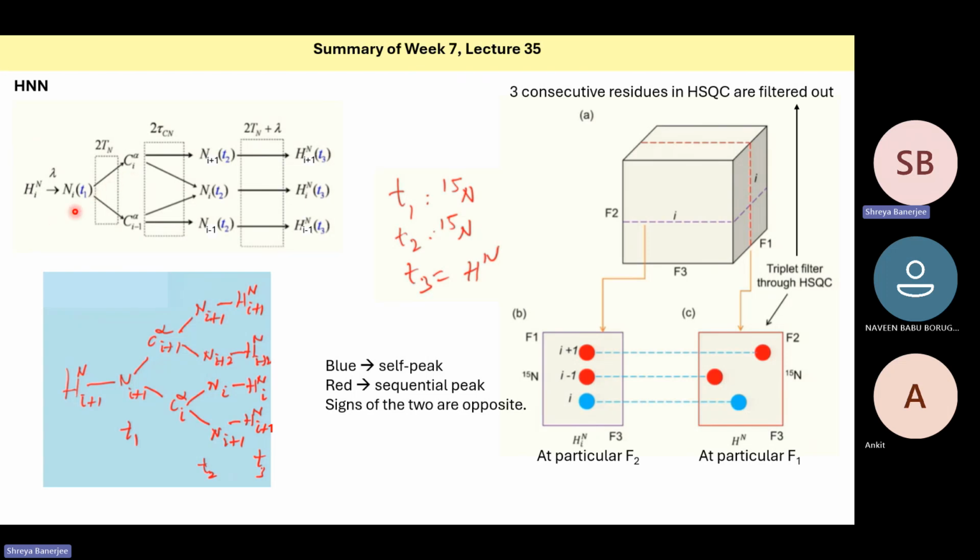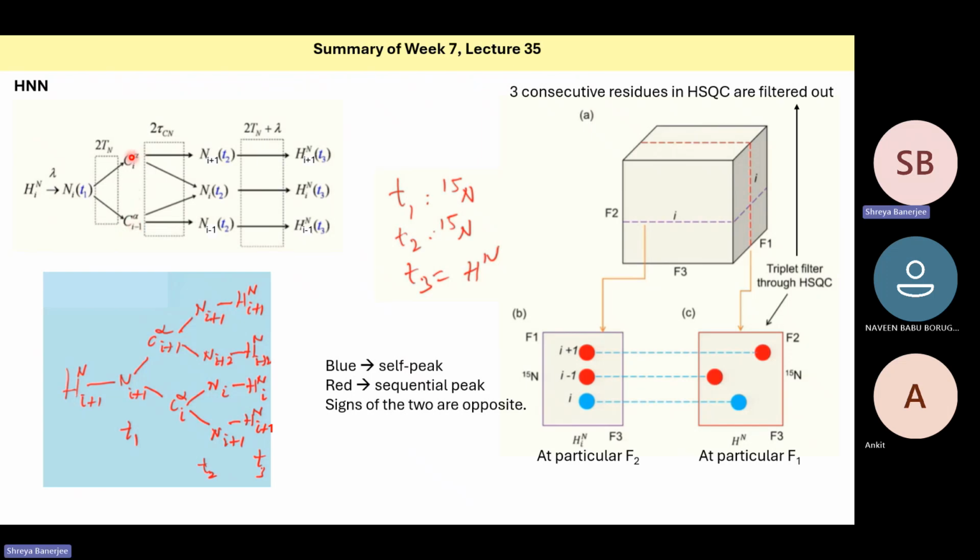In HNN, you start by exciting the amide hydrogen of the ith residue. From there, the magnetization is transferred to the nitrogen of the ith residue, and this forms your first frequency axis, so T1 is 15N. Then from i, the magnetization can transfer to C alpha of i and i minus 1. So far, it is the same as HNCA.